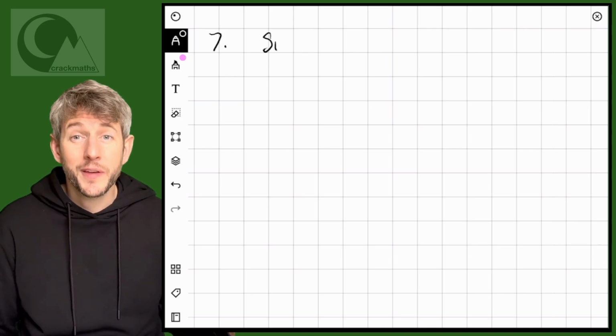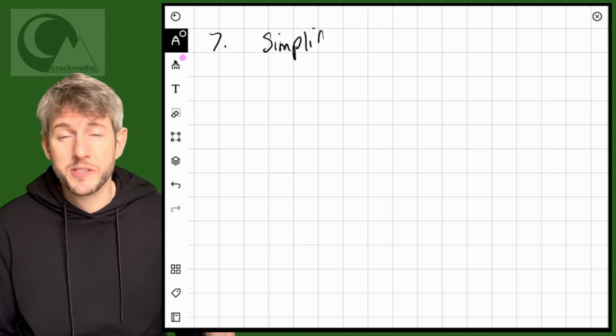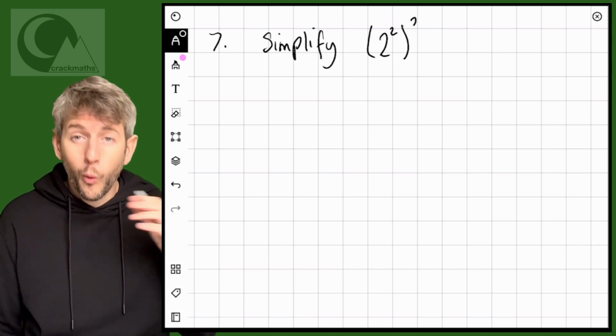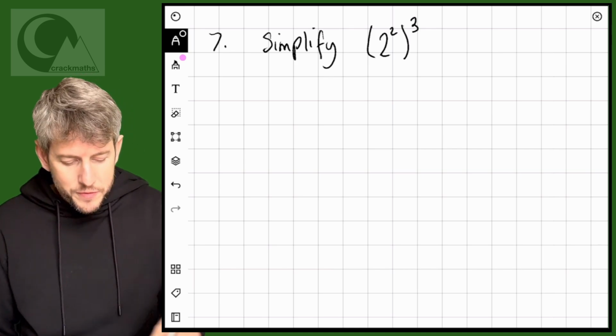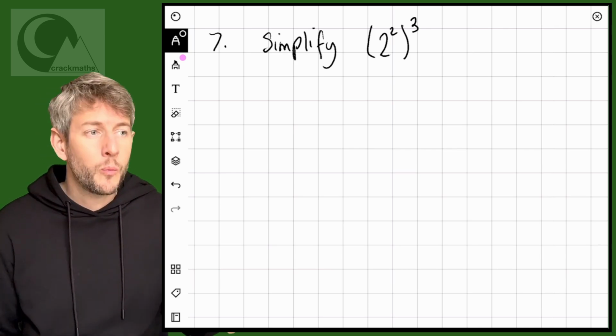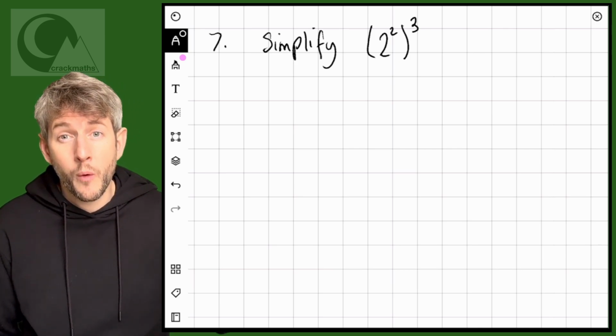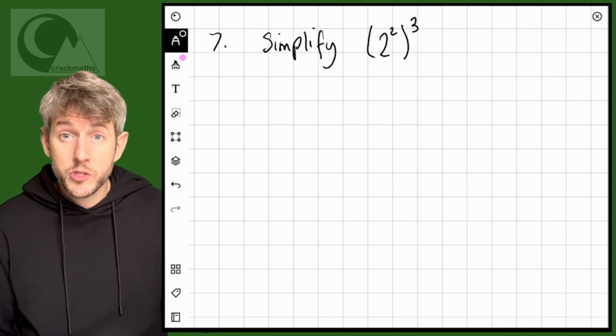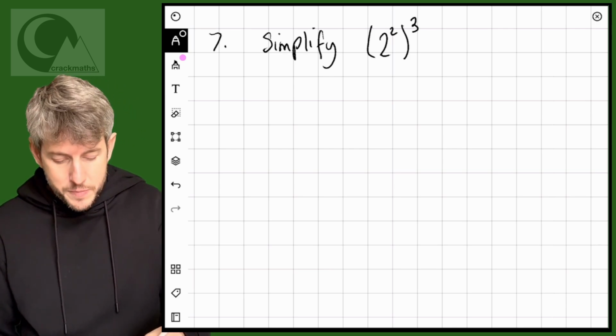Let's have a look at another one. Okay, so let's have a look at this question here. It's question 7. And it says simplify 2 to the power of 2 all to the power of 3. So what this actually means this time is we've got 2 squared. Now, when we look at these, we've got to remember our brackets, okay? So what this means is we've got 2 squared, which means 2 to the power of 2.